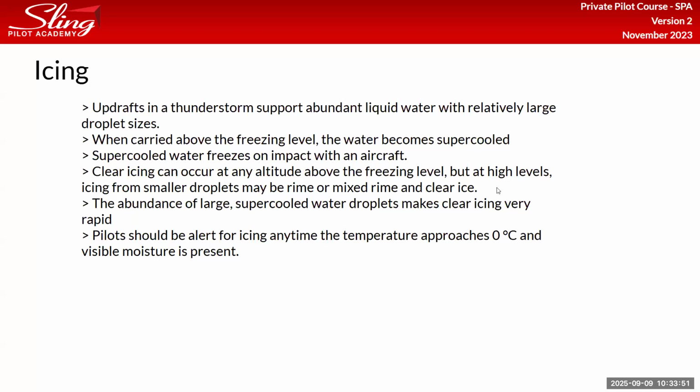Because the higher we go, the colder it gets, you might have more rime ice that freezes on impact. Because like we talked about, clear icing is those large, supercooled water droplets. So the higher you go in altitude, it's going to become just a frozen water droplet instead of an actual source of water. It's going to become just freezing on impact ice.